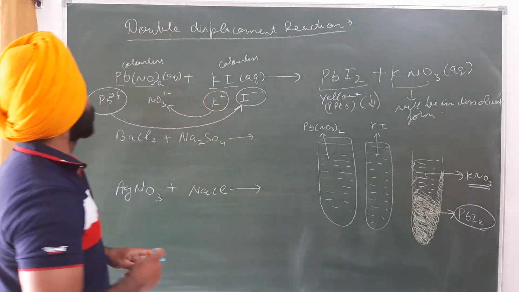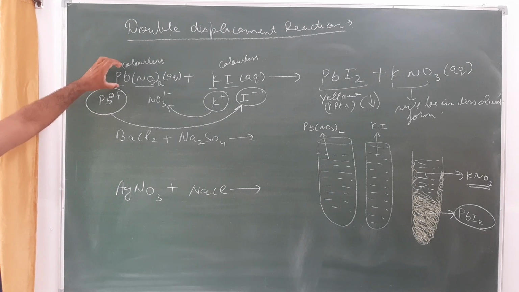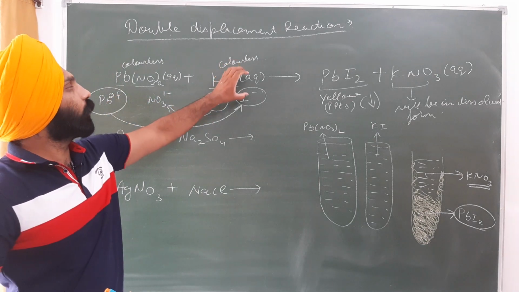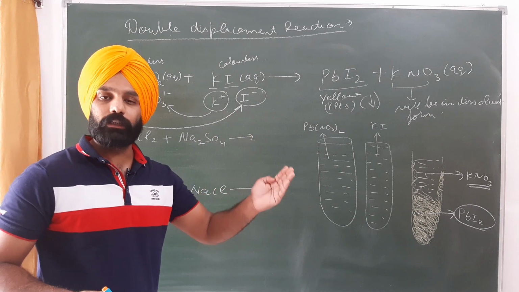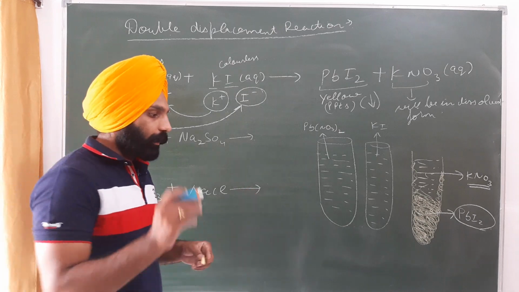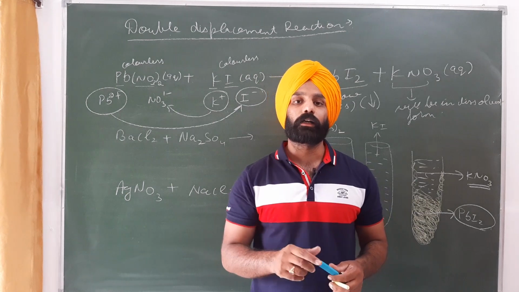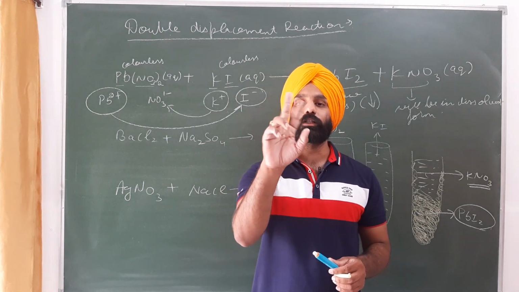So what have you observed? That there is the displacement of the anion of the first salt to the cation of the second salt, and vice versa. That's why it is called double displacement reaction. It is similar to single displacement reaction, but in those reactions only one atom gets displaced.